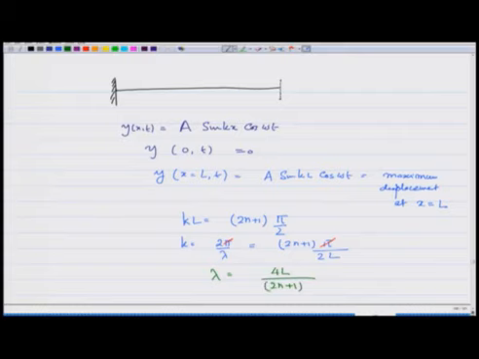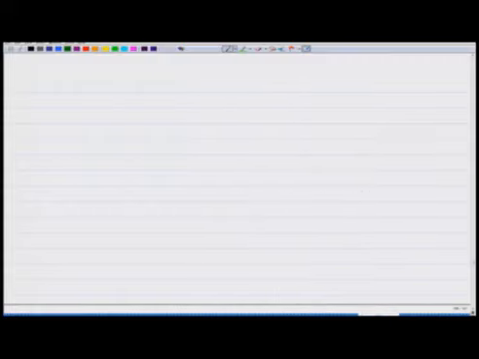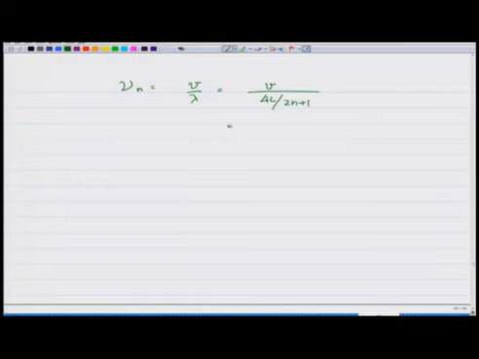In this case, lambda is slightly different, and the frequencies nu n, which is V over lambda, I am doing the derivation slightly differently this time just to give you different ideas, is equal to V over 4L times (2n plus 1).